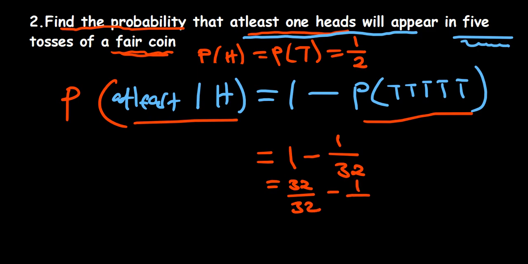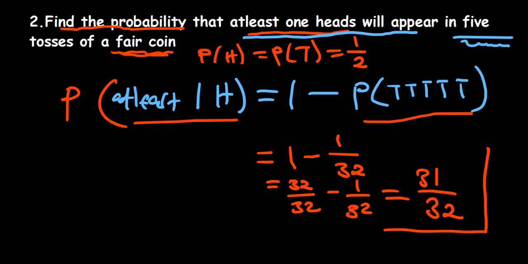So what do you get here? You get 31 over 32. So 31 over 32 is the probability that you are going to have at least one head when you toss a coin 5 times. Any questions there, guys?